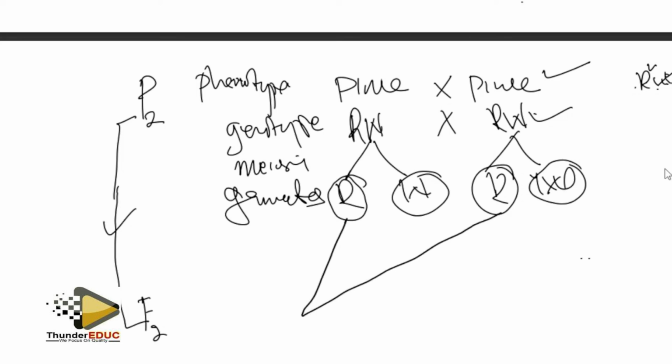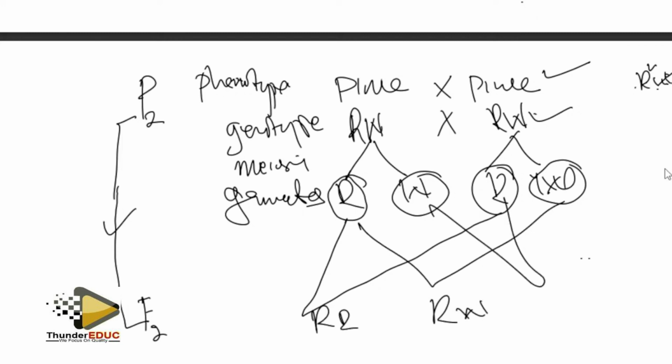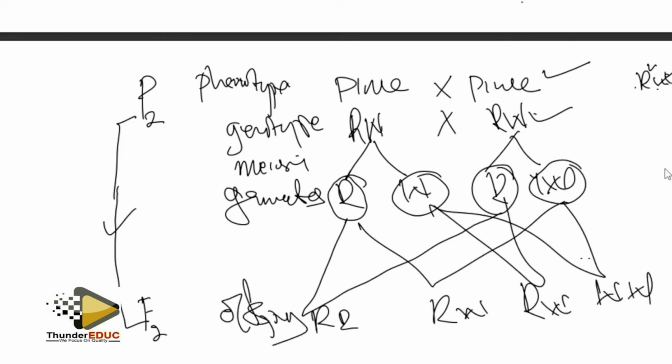So cross capital R, capital W with capital R, capital W. Because I started with R, I will start with R, capital W, and then capital W, capital W. Those are offspring. Now, if those are offspring, this is red, this is pink, and this is white.